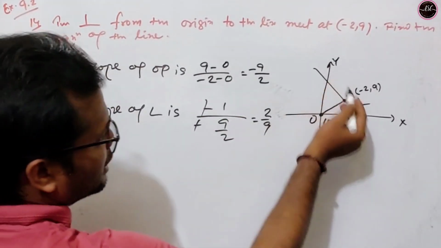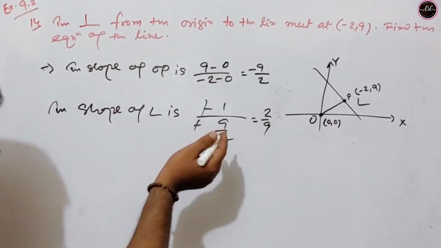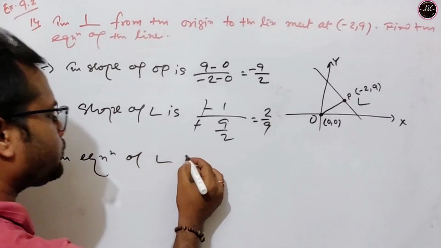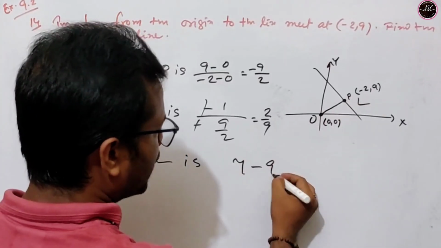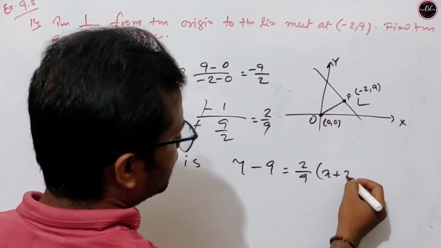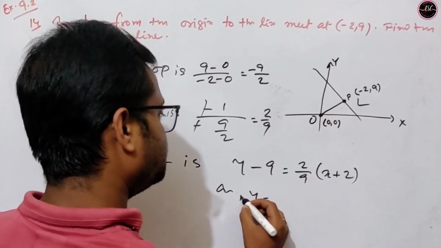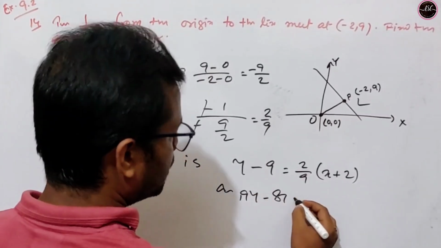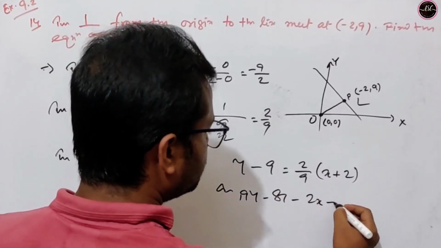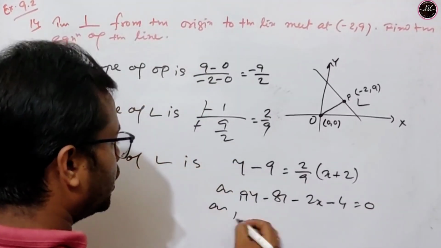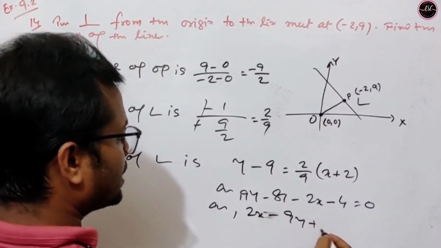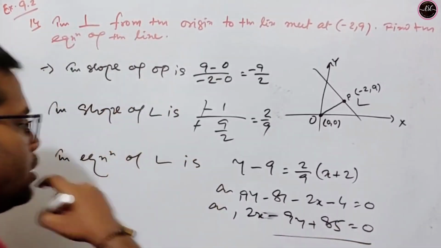And this line is passing through minus 2, 9 and the slope is 2 by 9, that means the equation of L is y minus y1 equal to m into x minus x1, that is y minus 9 equal to 2 by 9 into x minus minus 2, that means plus 2. So that will be 9y minus 81 minus 2x minus 4 equal to 0, or 2x minus 9y plus 85 equal to 0. That will be your answer.